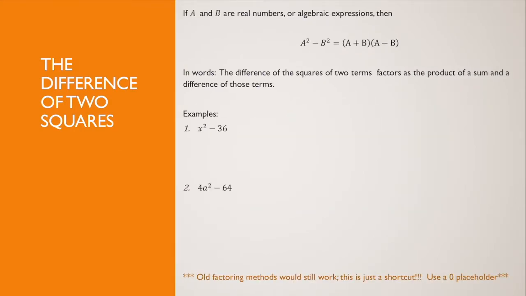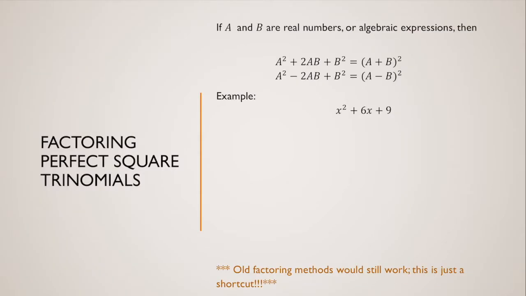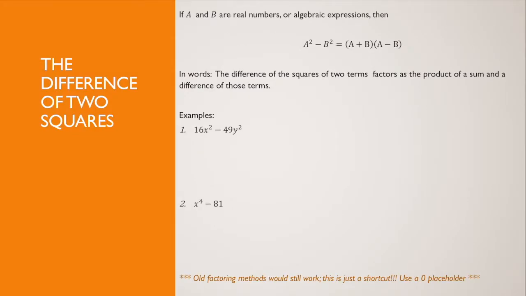So let's go through two more examples looking at the difference of two squares, and we're going to use this method of finding our A's and B's. So here I have 16x squared minus 49y squared, and I need to identify my A's and B's.